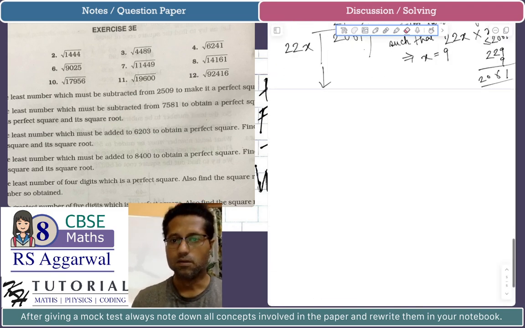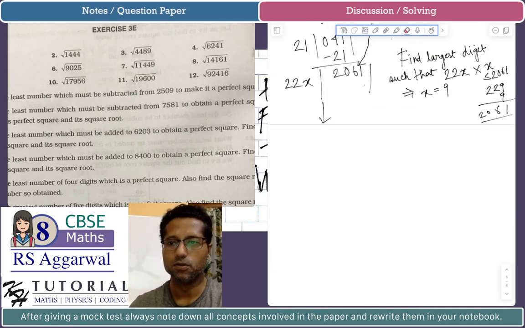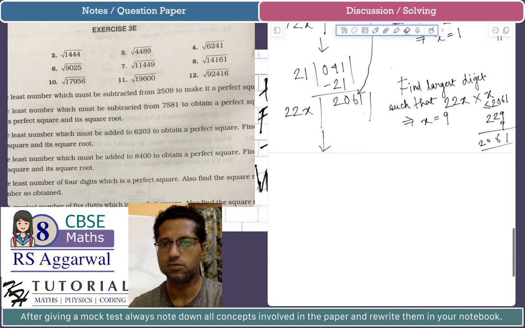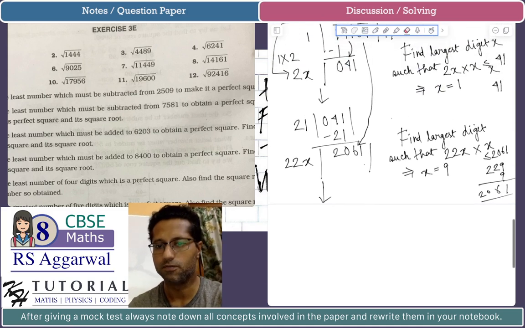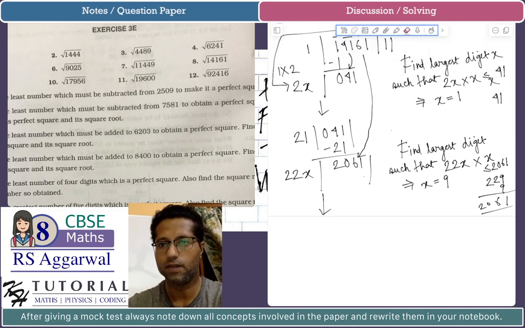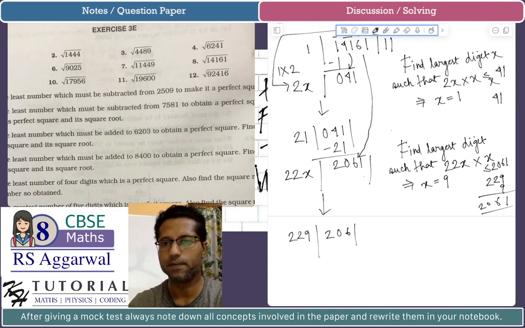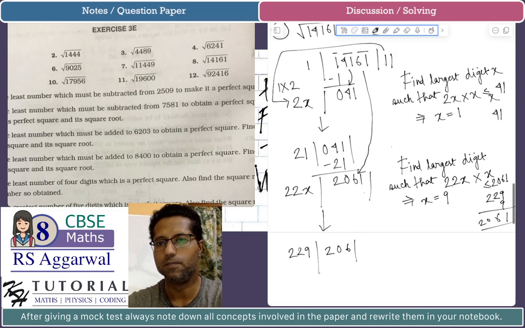Okay, so now when we substitute, we have found that x will be 9. So we will have 229, and the dividend was 2061, and this 9 will also get appended to the quotient, and the quotient will become 119.